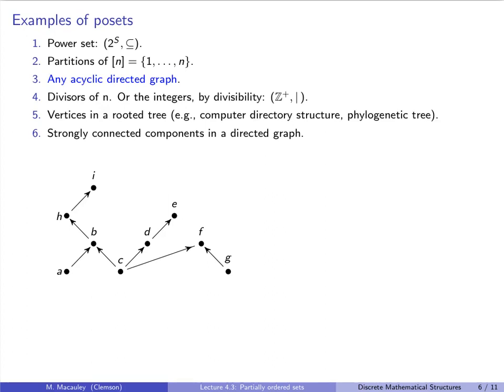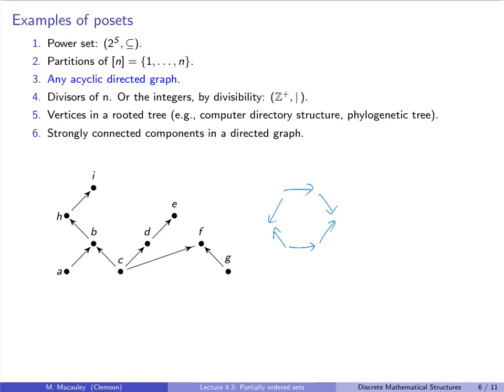However, we're talking about acyclic directed graphs. So the point here is that any acyclic directed graph describes a poset. So let me just give you an example. So here's an example.